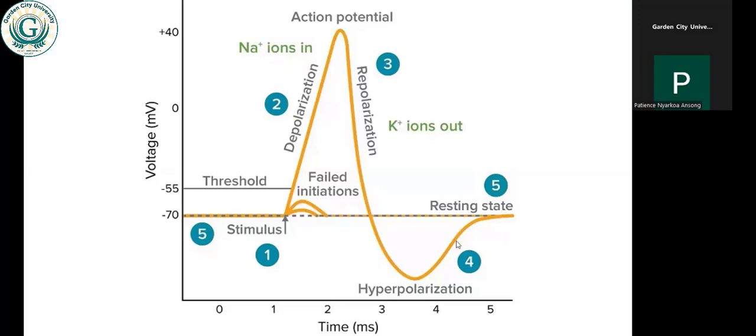When that is happening, there are instances where the inside of the cell becomes more negative than the resting state. For example, minus 90. And that is hyperpolarization. So the work of the sodium potassium pump and closure of the gated potassium channels work to move back this membrane potential to minus 70, which is the resting state.